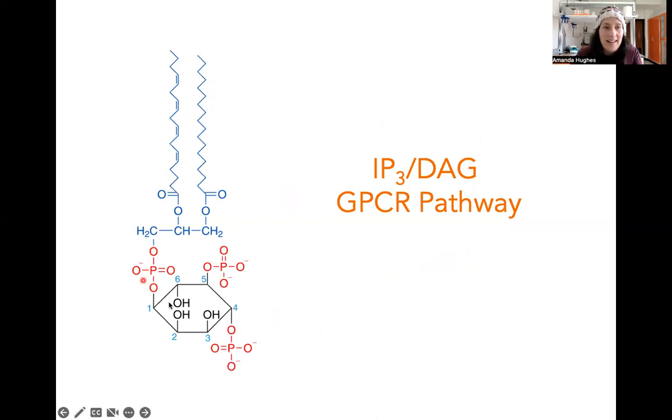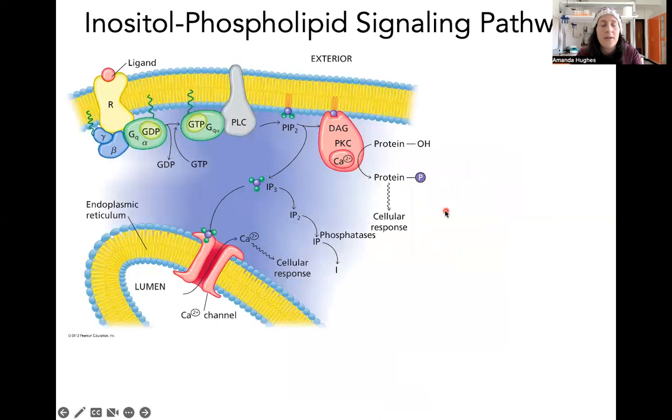And this structure right here is the phospholipid that's in the inner leaflet that's going to give us the inositol, which is a sugar, triphosphate, 1, 2, 3, and our diacyl, 1 acyl, 2 acyl, glycerol. Here's that glycerol molecule here. Okay. All right. So in this pathway, a lot of very similar things occur.